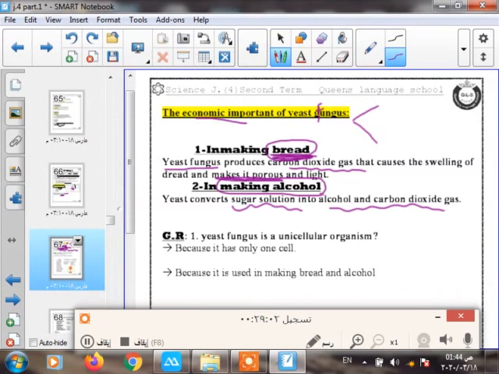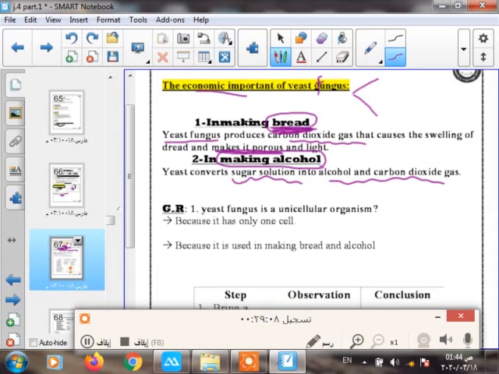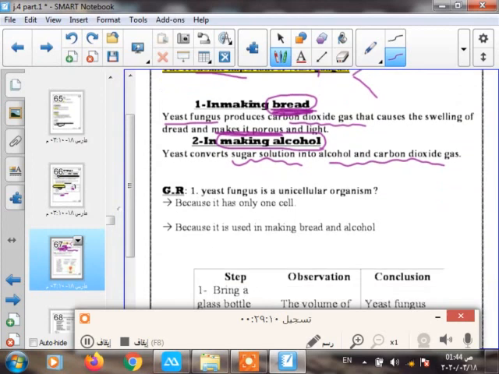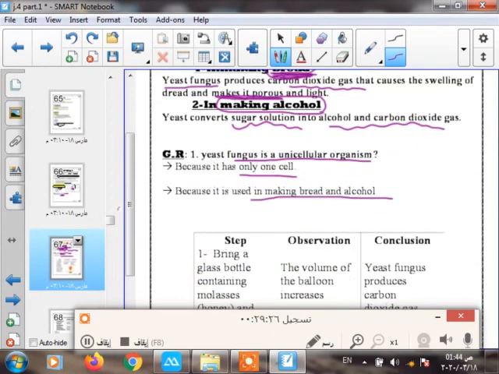So yeast fungus is used to make two things: bread and alcohol. Give reason: yeast fungus is a unicellular living organism because it has only one cell, and it is very important because it's used in making bread and alcohol.